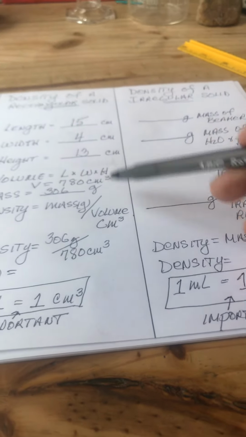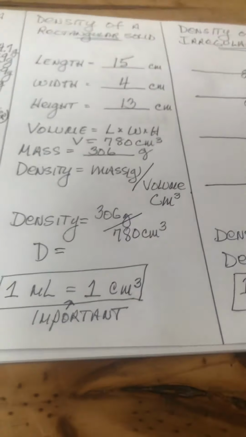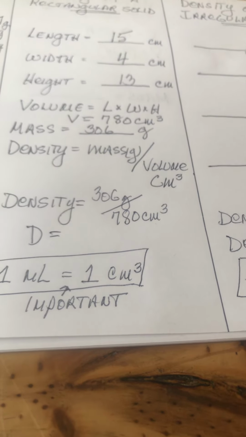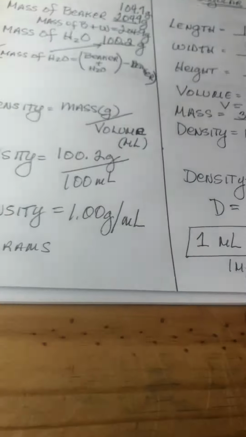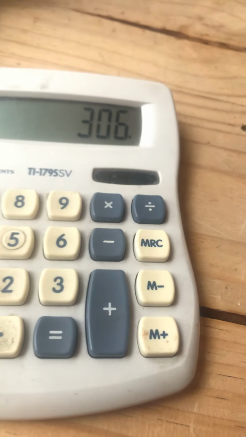So now we have to divide the mass, 306 grams, by 780 cubic centimeters. 306 divided by 780.